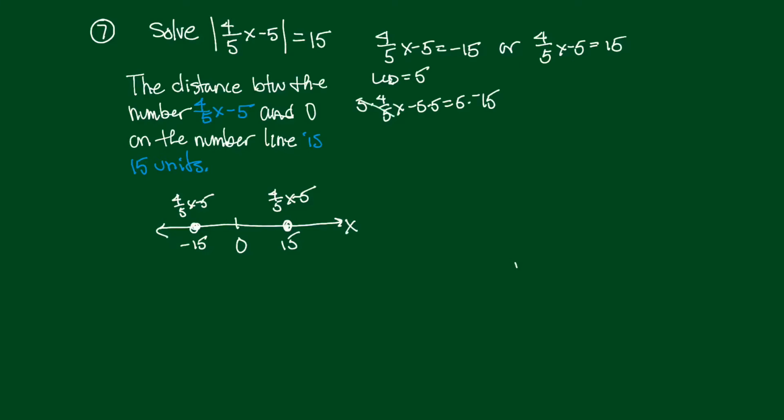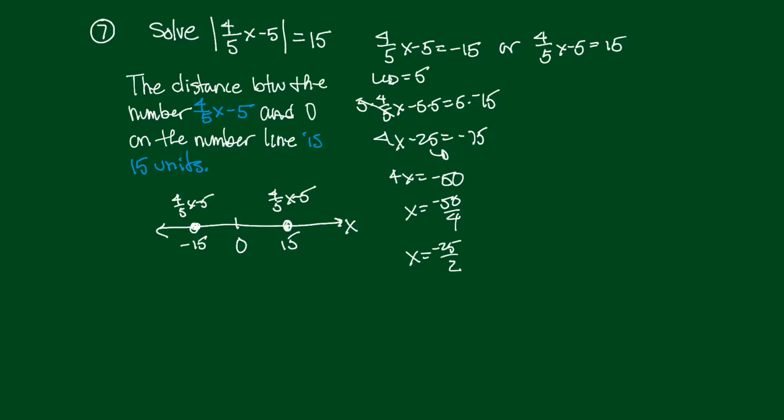Those 5's cancel, and we're left with 4x minus 25 equals, now 5 times negative 15, negative 75. Let's add 25, so we'll get 4x equals, now negative 75 plus 25 is negative 50. So we'll divide, we'll get x equals negative 50 over 4, which I can reduce to negative 25 over 2.